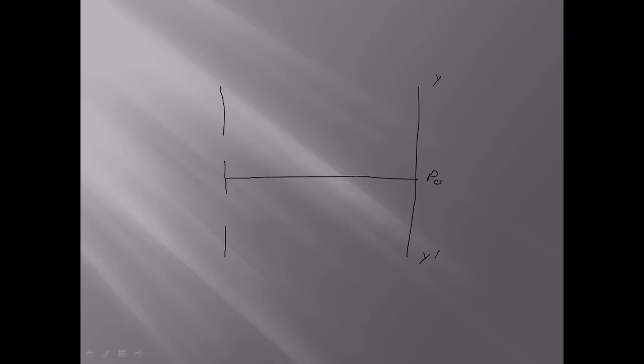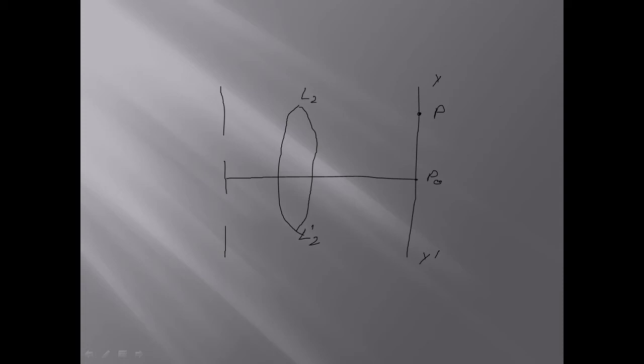This is the central point, and here we have a lens L2 dash. Our aim is to find out the position of the maxima and minima at point P, which is just above the central maxima.